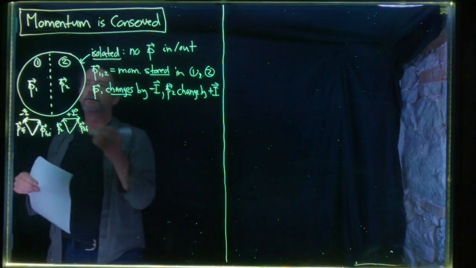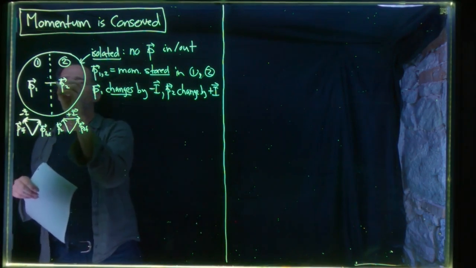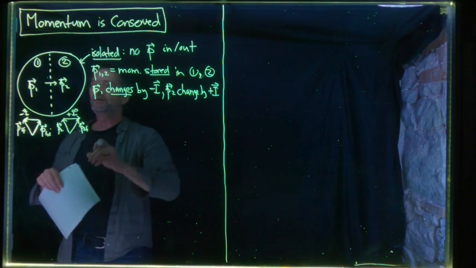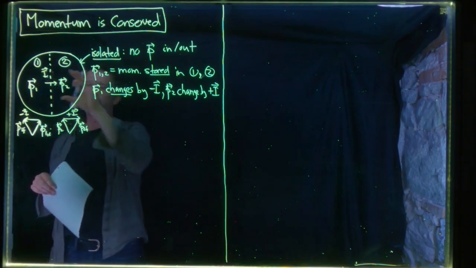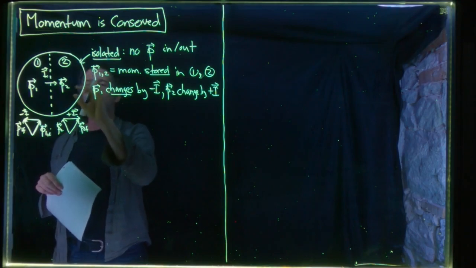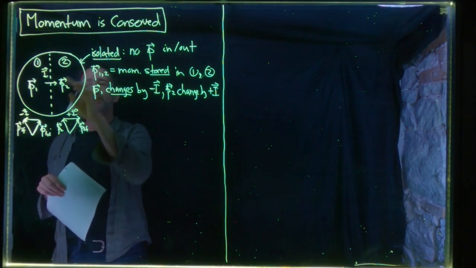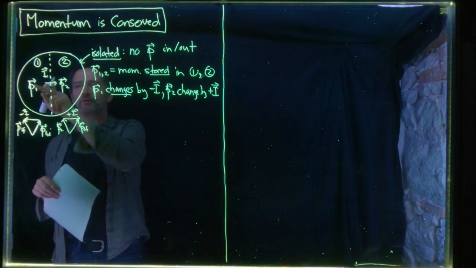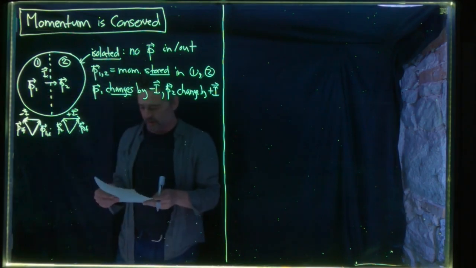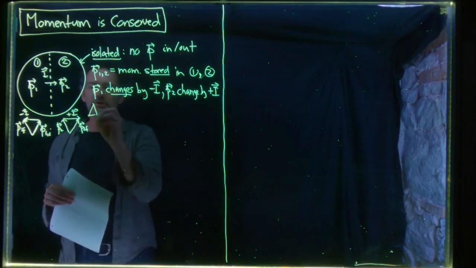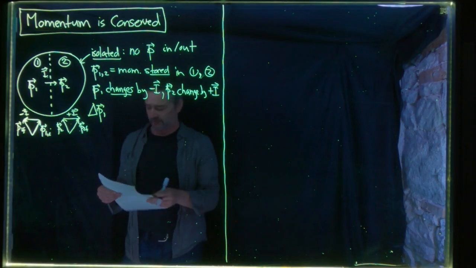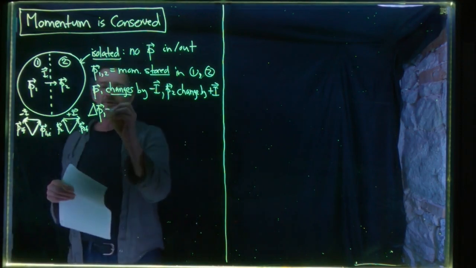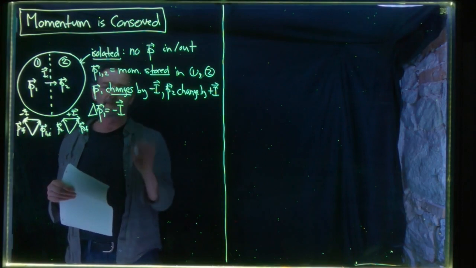So we say that there has been a transfer of momentum in the amount of I from system 1 to system 2. So system 2 has changed by plus I, and system 1 changed by negative I. Okay, so in the end we get the change in the momentum in system 1, delta P1, so P1 final minus P1 initial, that's equal to minus I. Okay?